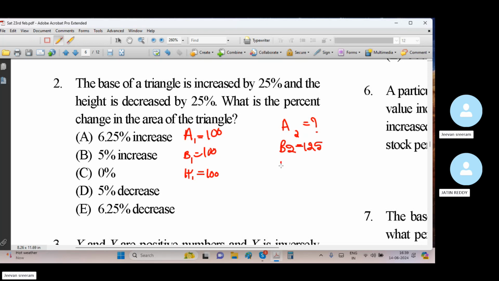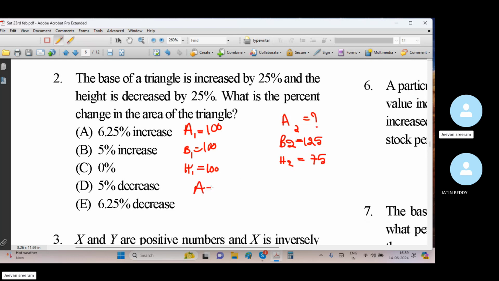Yes, sir. H2 is reduced by 25 means 75. Correct? A is equal to half BH, so A2 by A1 is equal to B2 by B1 times H2 by H1.